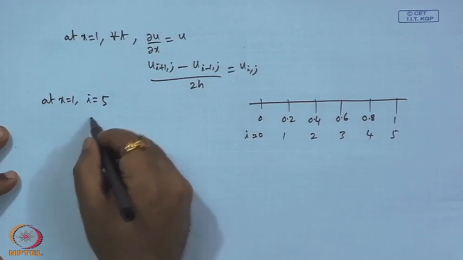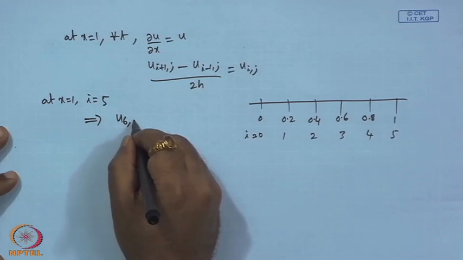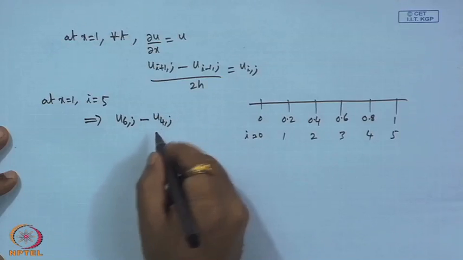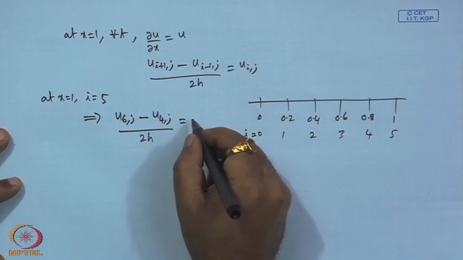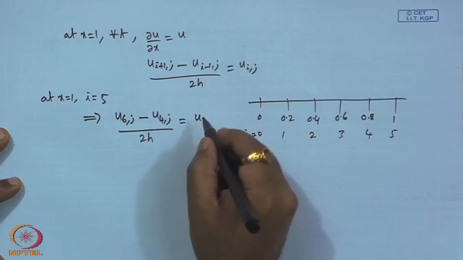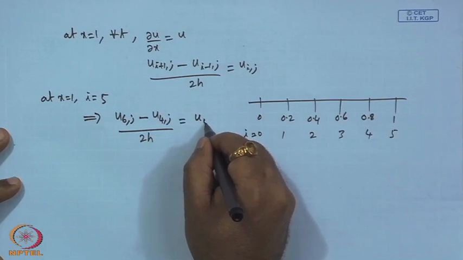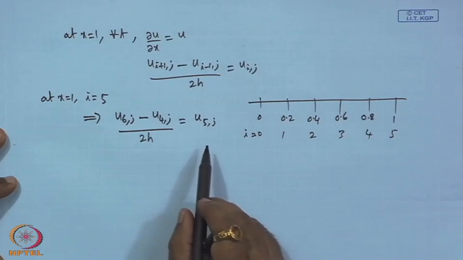Now, if you put that, we are going to get u 6 j minus u 4 j by 2h equals u 5 j.